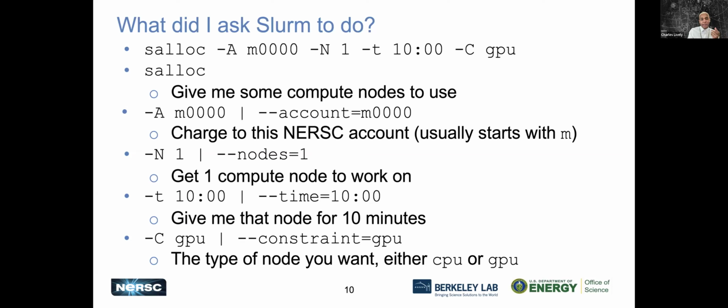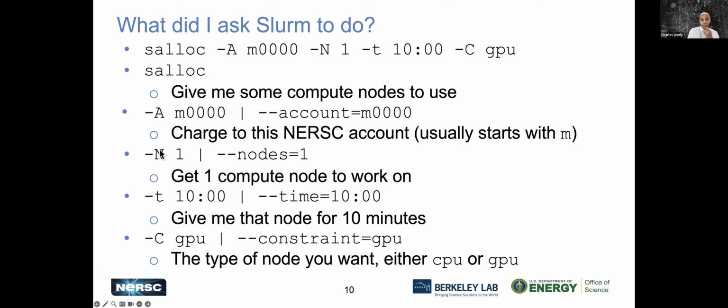Okay, and so here is just going through and breaking down what some of those different flags mean and what we use them for. Again, we give it the number of compute nodes to use with the salloc command. Then we want to make a note of our account that it's going to be charging to. Then we have the number of nodes that we want.